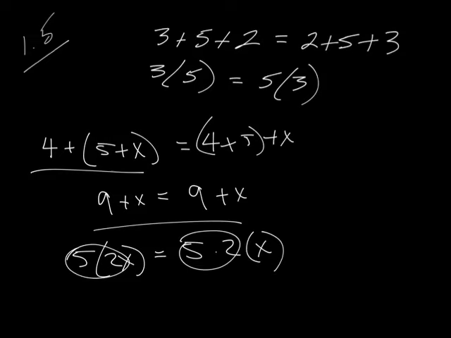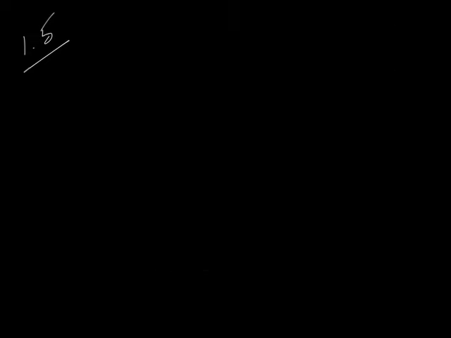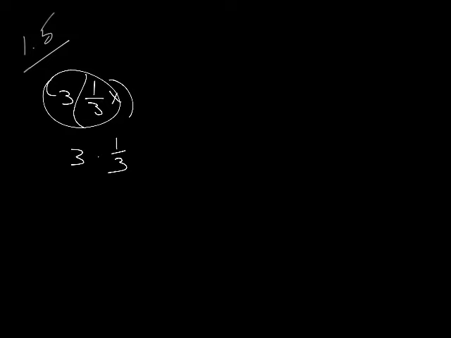If I have something like example 7, 3 times 1/3 x, that means we multiply our numbers together. So 3 times 1/3 is the same as 3 over 1, and when you multiply fractions, you multiply the numerators, you multiply the denominators, you tag the x on there since you can't do anything with it.